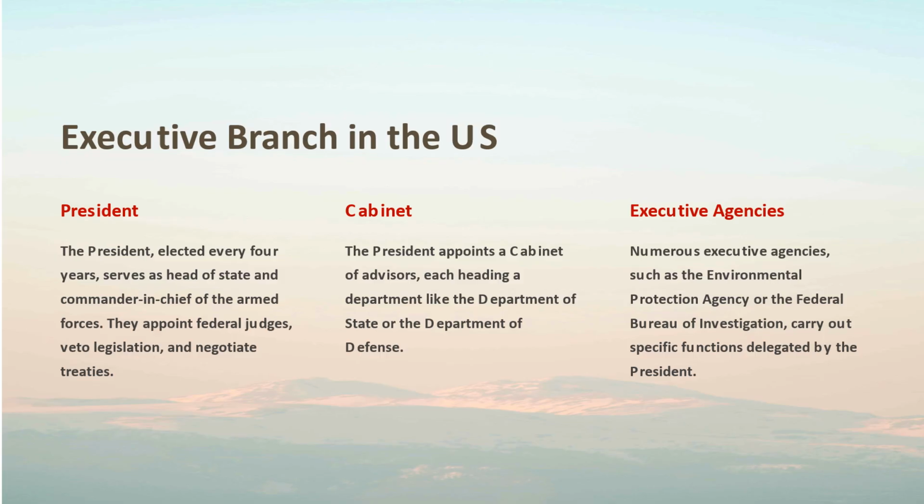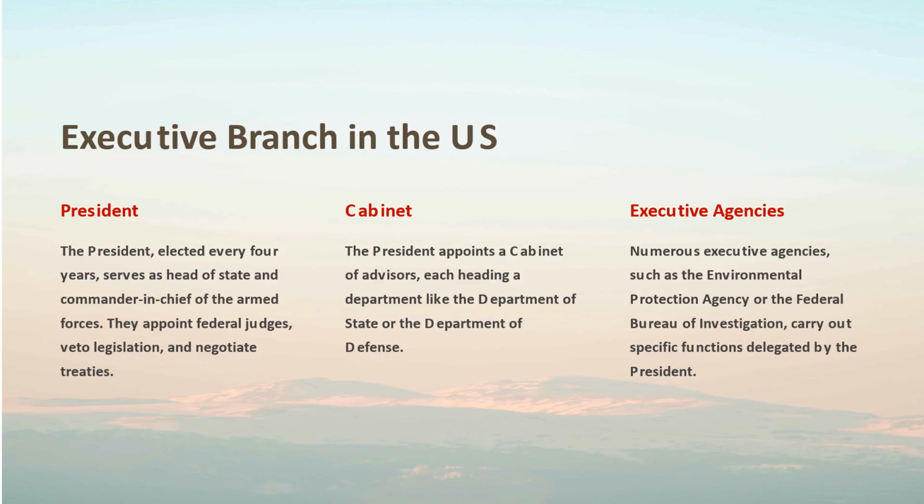And the cabinet consists of the vice president and the heads of the 15 executive departments. Appointed by the president and confirmed by the Senate, these individuals are responsible for implementing policies and overseeing their respective departments.